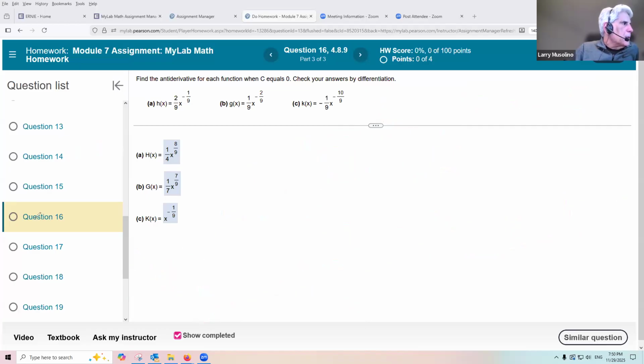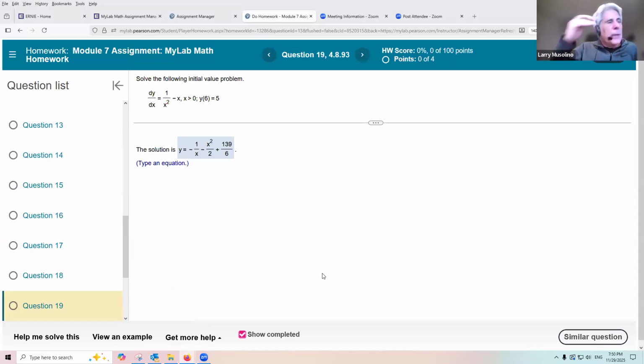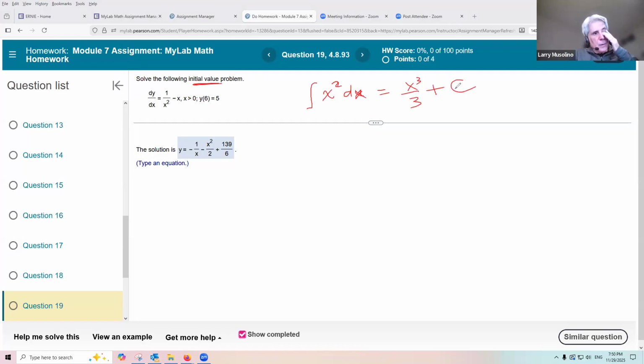Let's do another one, maybe one more here. Let's do this one. This was a little different. This says solve an initial value problem. What that's asking you to do is, normally when you take an integral, let's say x to the 2 dx, you typically write it as x to the 3 over 3 plus some arbitrary constant c.